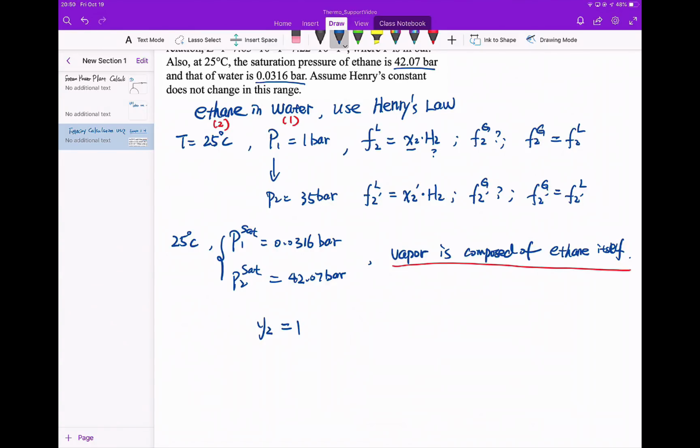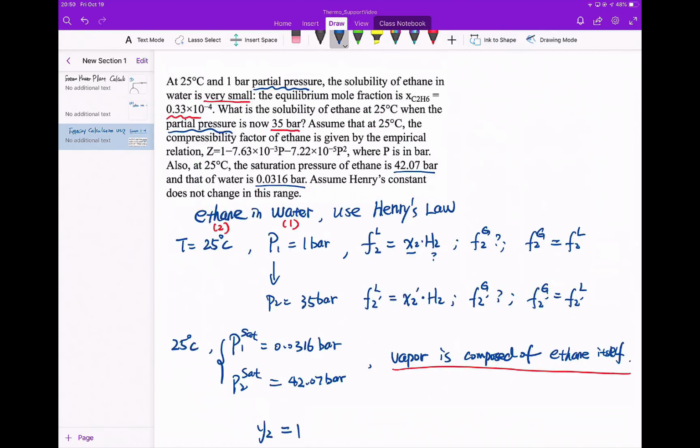Okay, so if we have this understanding and the partial pressure at the first condition is 1 bar, then we can have the following calculation at 25 degrees C and 1 bar, which is P2.